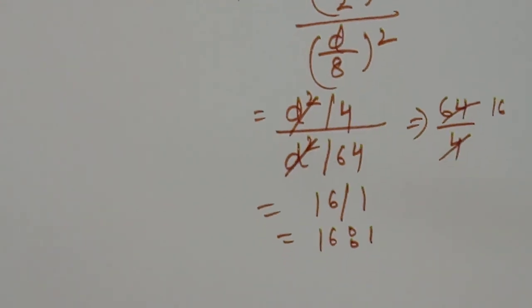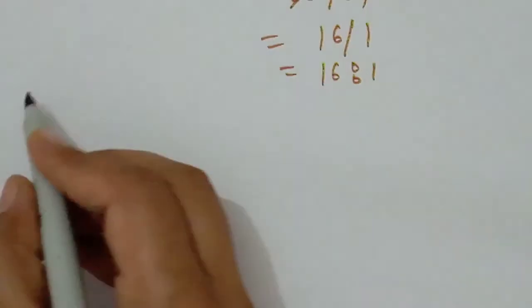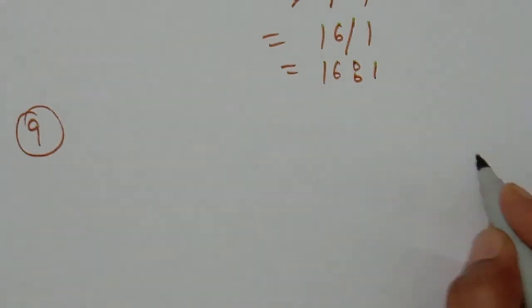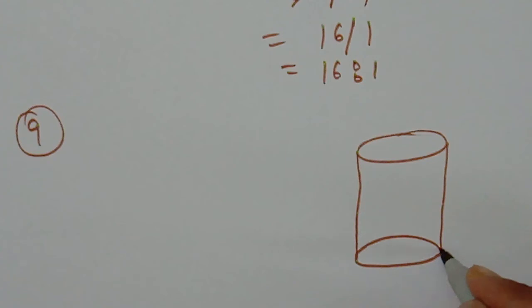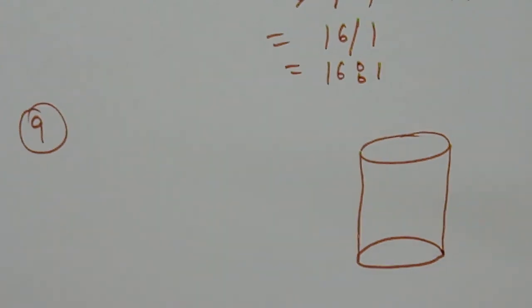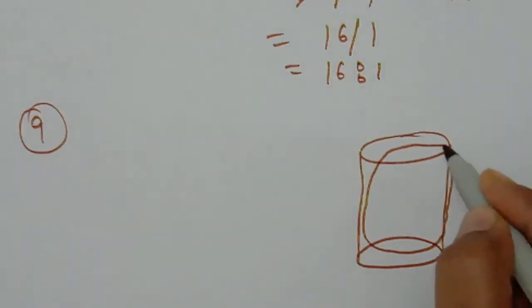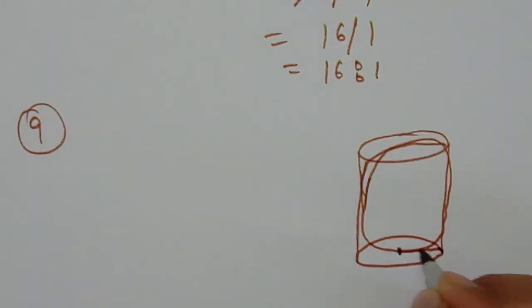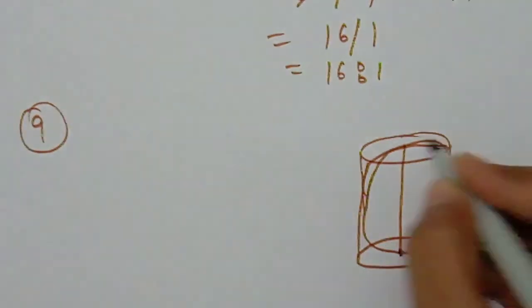So students, now next question number 9. A right circular cylinder just encloses a sphere of radius r. So we have a sphere completely present inside it. This is the radius r, and this is the height of the cylinder.